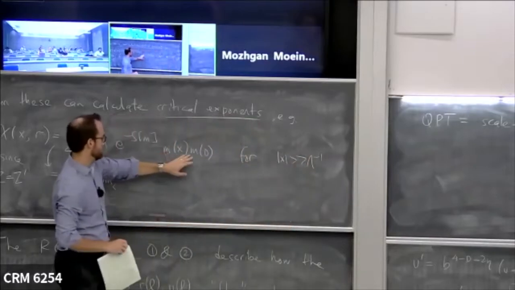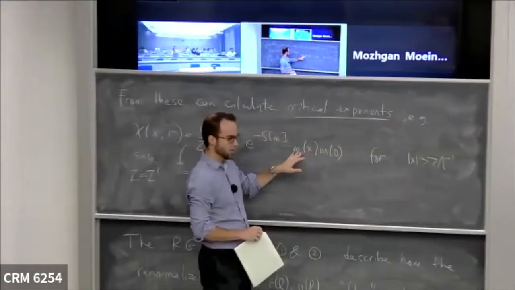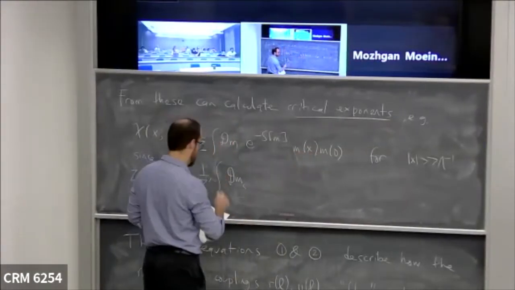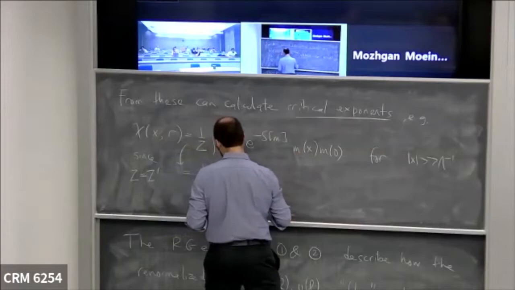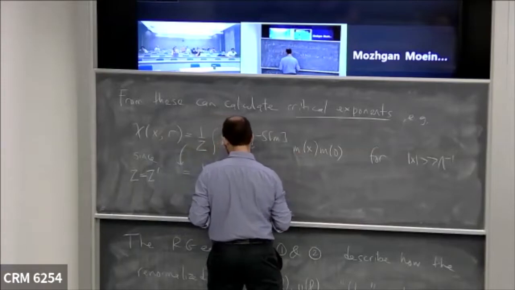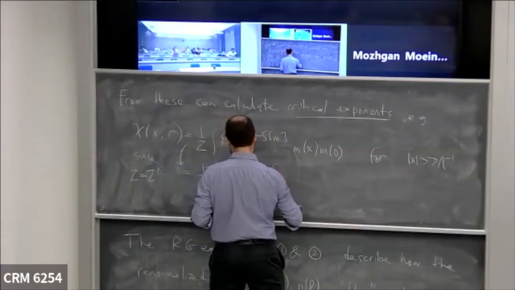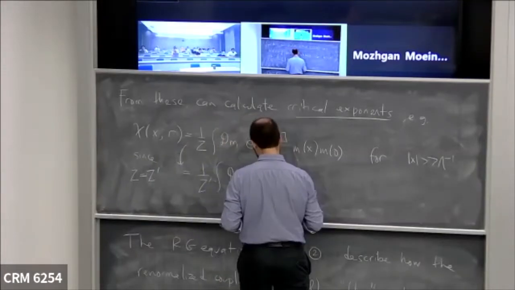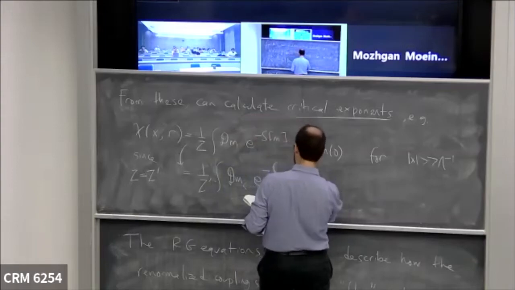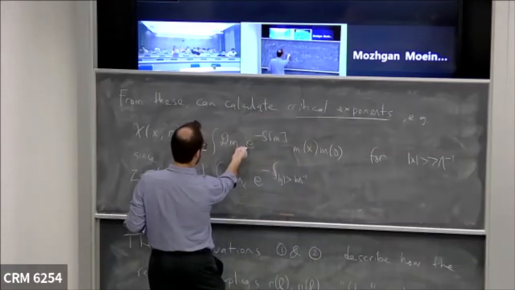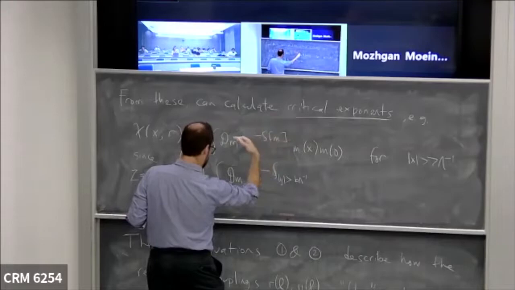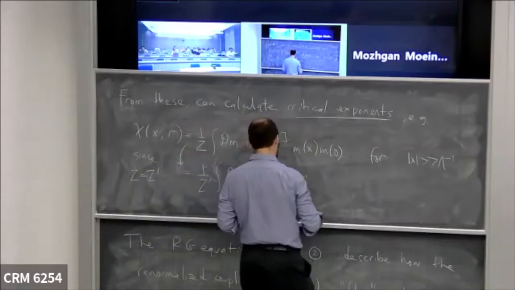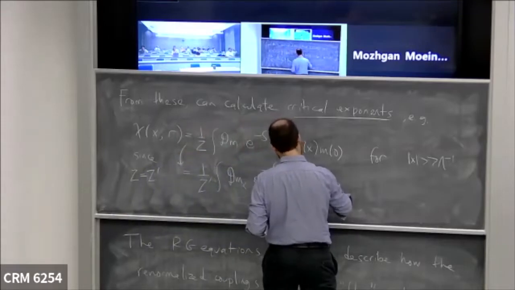These fields really are the same as m lesser, so we can replace these by m lesser. After I do the path integral over m greater, I'm left with this effective action for the slow fields.